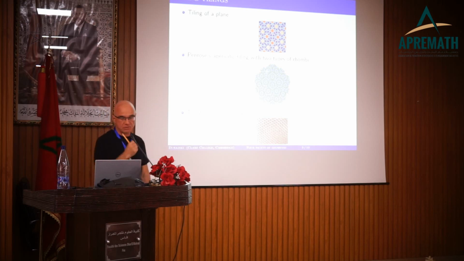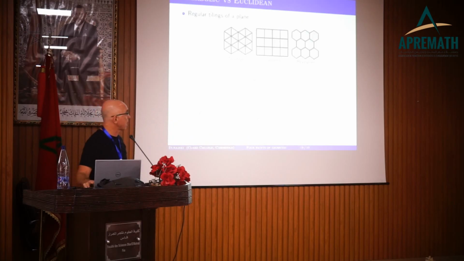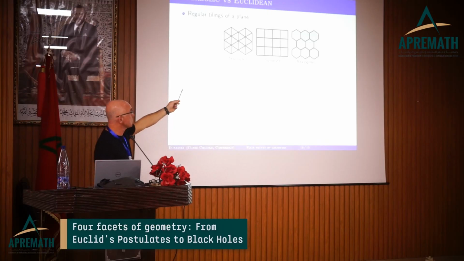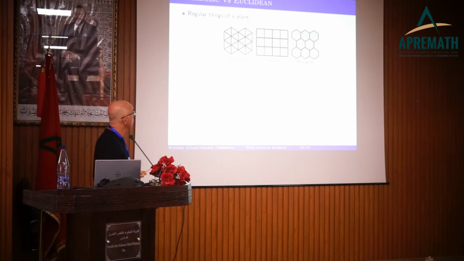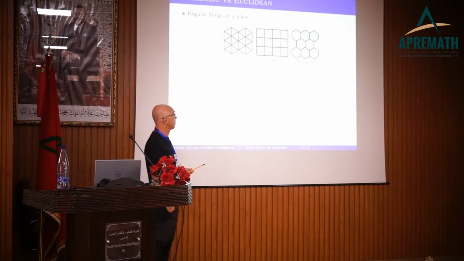Now, what does it have to do with hyperbolic geometry and how do hyperbolic tilings differ from Euclidean ones? Well, one thing you can deduce using Euclid's axioms, and in fact we used all 5 for this, is that there are only 3 types of regular tiling of a plane with identical shapes, where you're only allowed to have one shape.